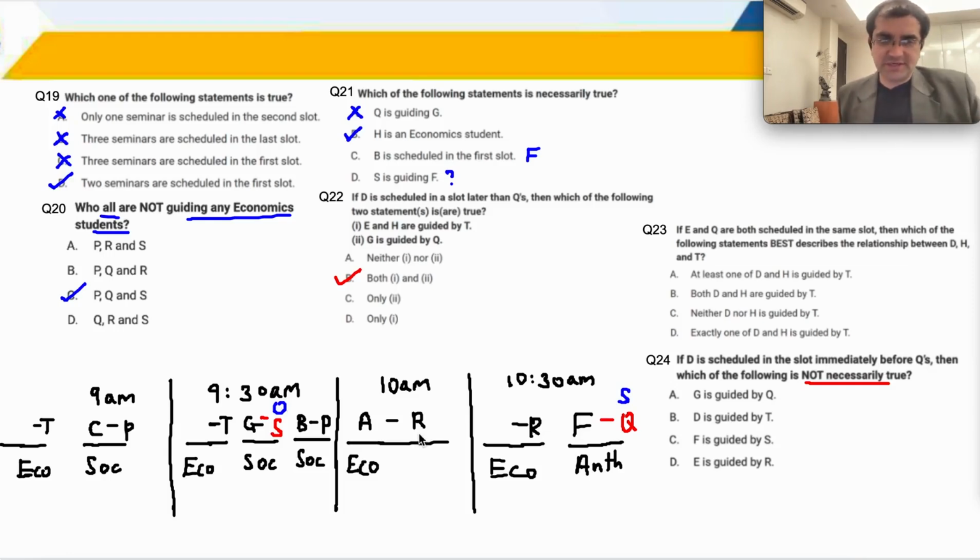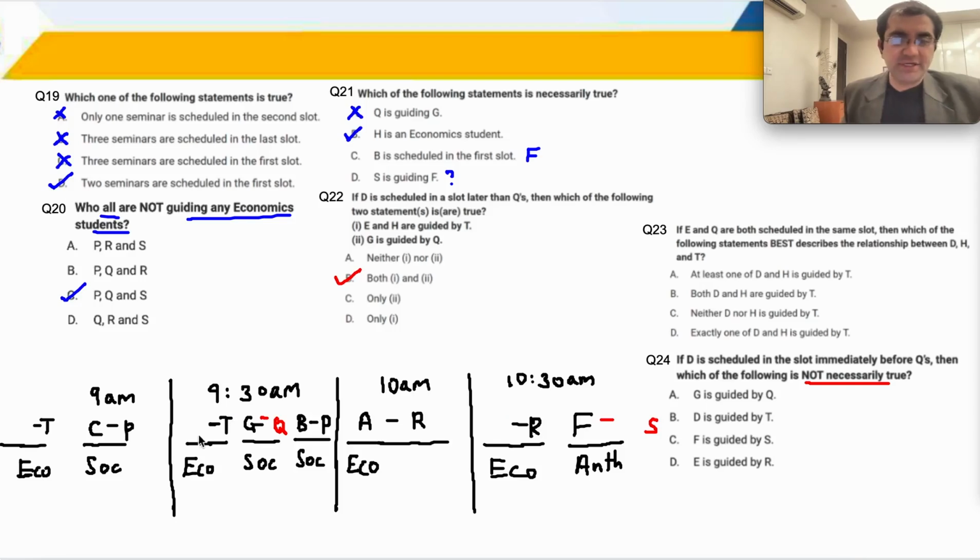Yes, this is done. Good, good. If D is immediately before Q, if you put Q here, तो यहाँ पे D के लिए जगह ही नहीं है. तो Q cannot be over here. यहाँ पे S आएगा. And यहाँ पे Q आएगा. एक ही कलर कर लेते हैं. ठीक है.